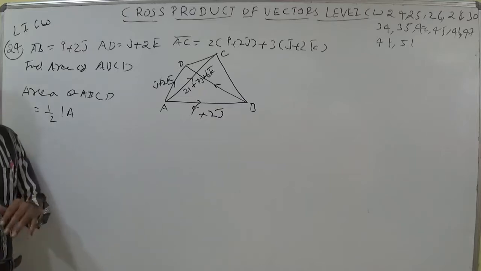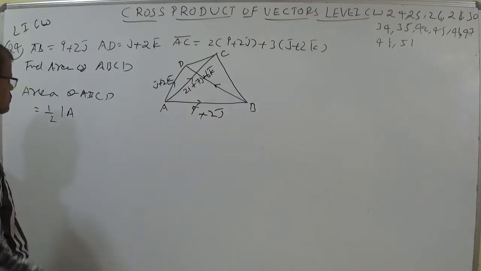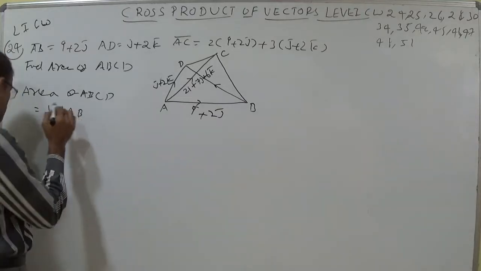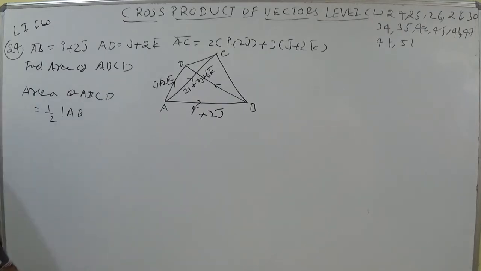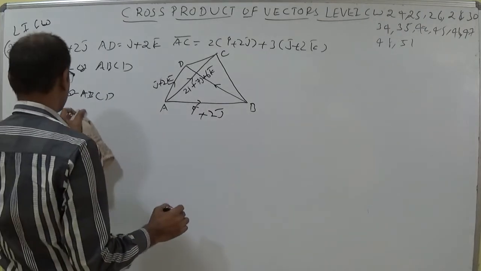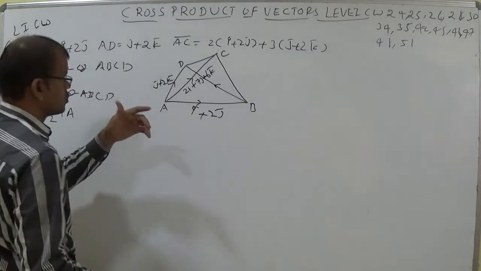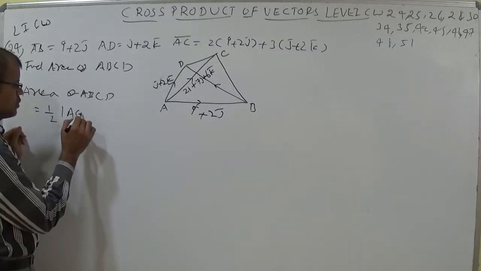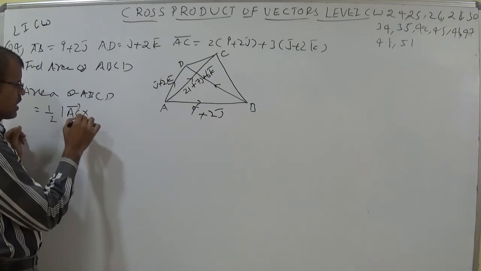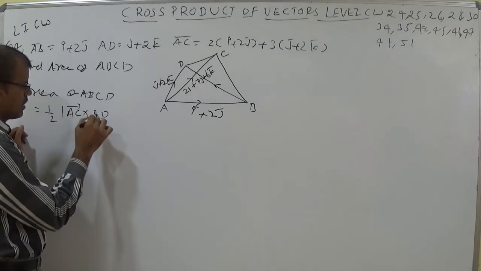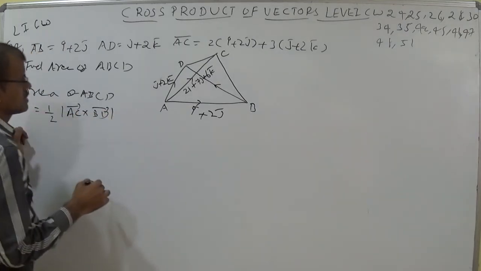Simple area is given in scalar, so you put the modulus here. If AC is given, then we should calculate the other diagonal. The area of a quadrilateral having diagonals is AC cross BD.